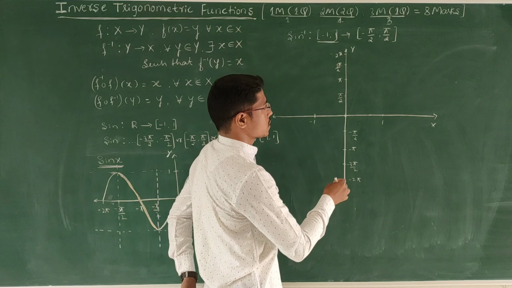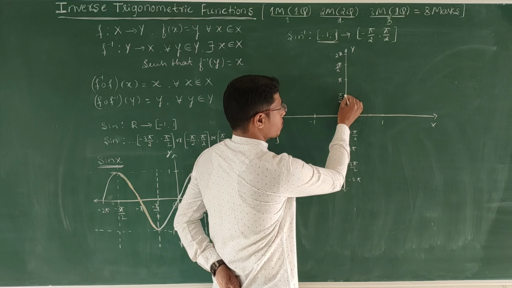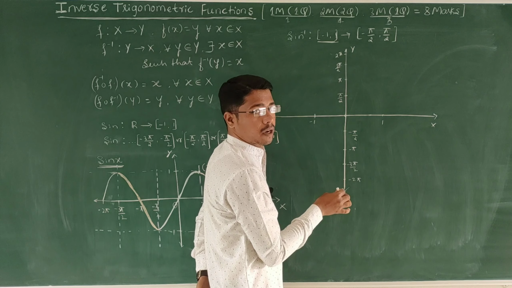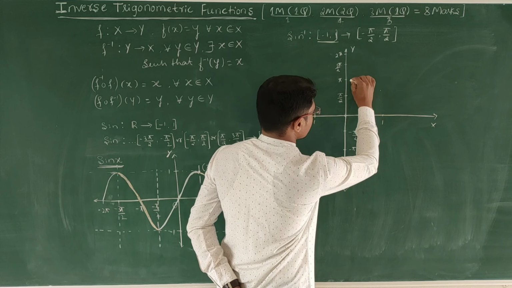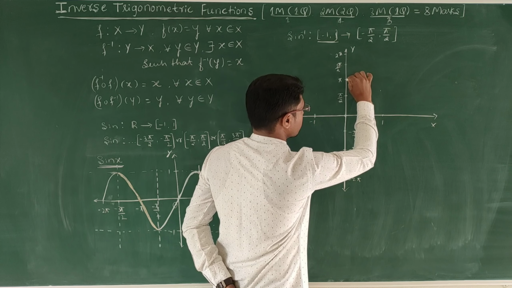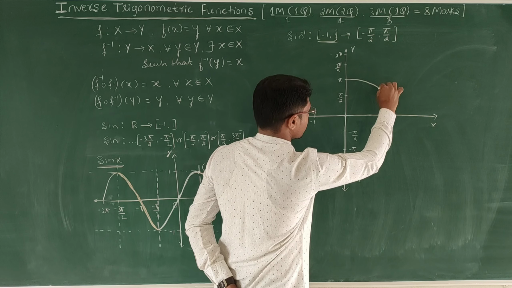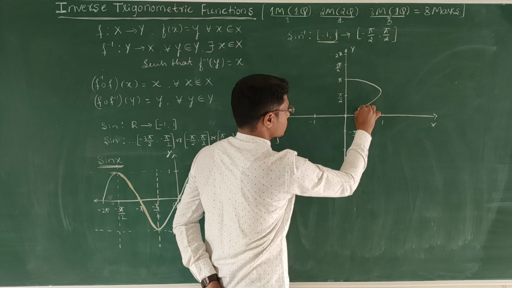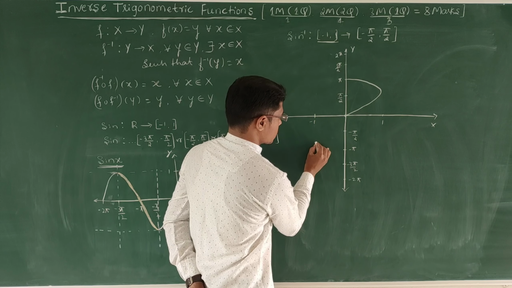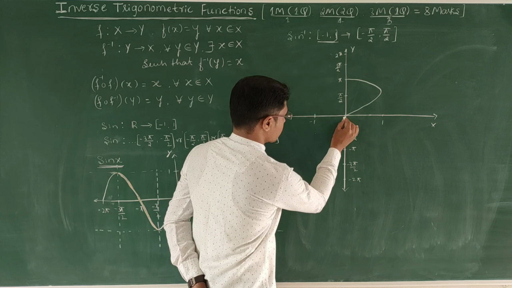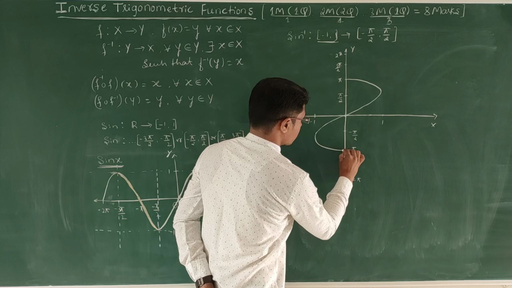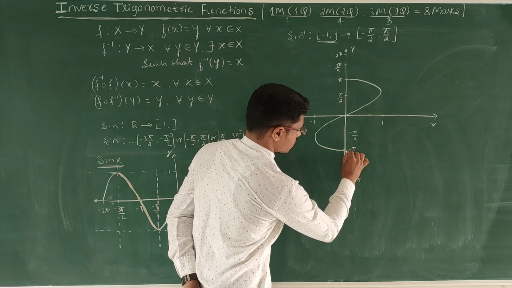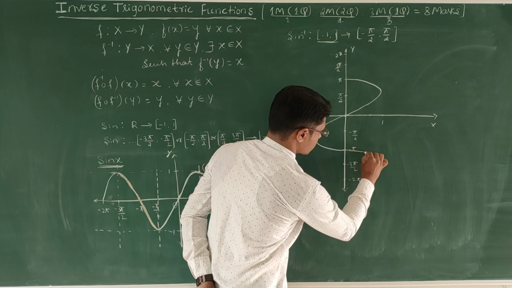So what is the value of sine pi by 2? That is 1. Okay, it will come here. So sine pi is 0. This is the graph. So see here carefully. Okay, so next it will move like this.